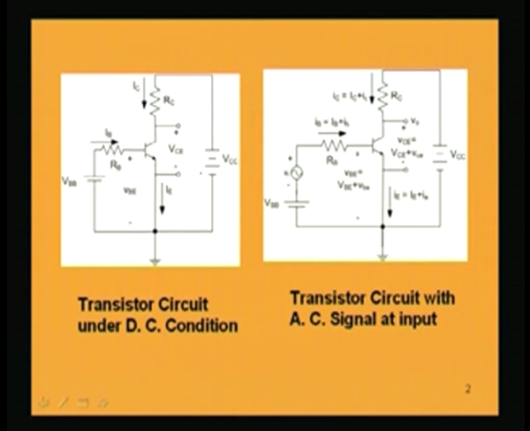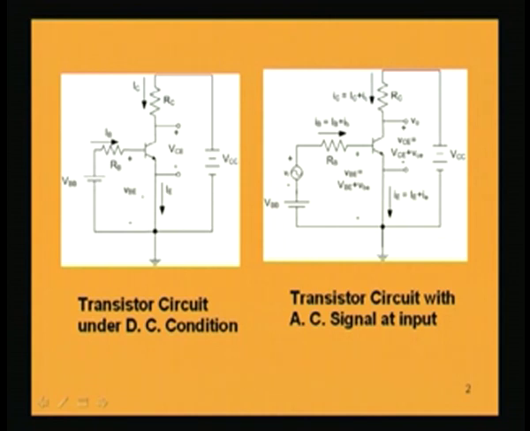Using a common emitter transistor in NPN configuration, we have this input circuit between base and emitter, with the emitter grounded. By VBB, forward biasing is done in the input circuit, and the collector base junction is reverse biased by the application of the source VCC.